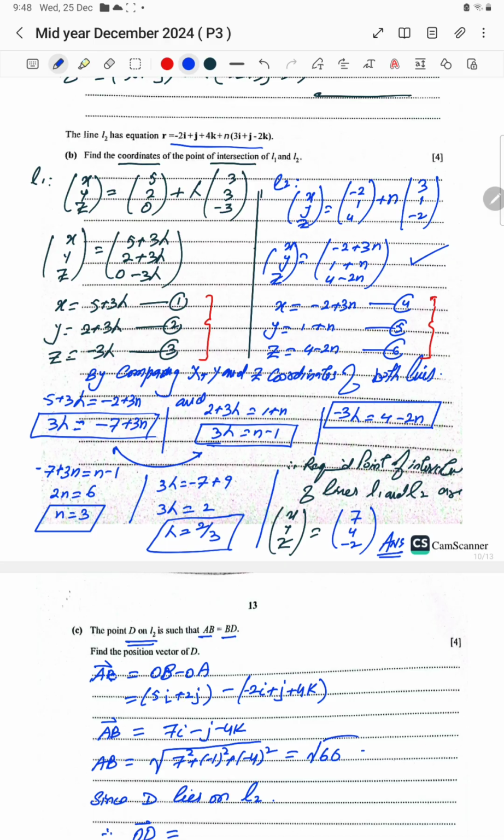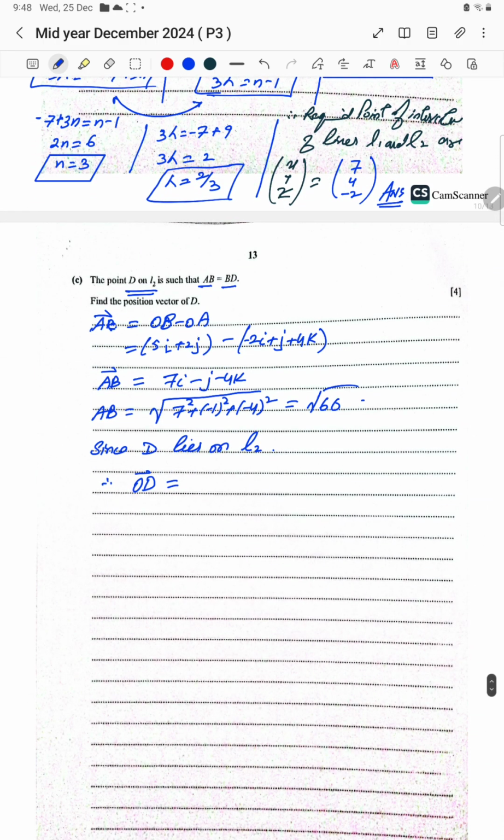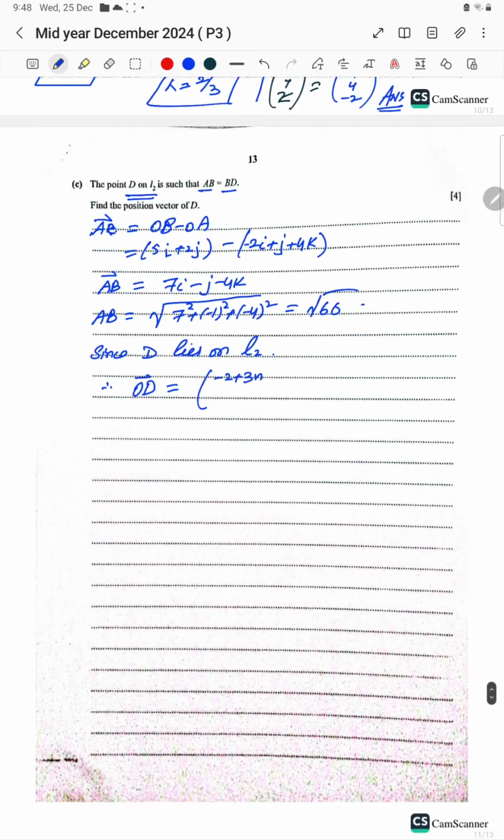Here we have this point on L2. So I will write minus 2 plus 3n, 1 plus n, and 4 minus 2n, because they have the same direction vector.